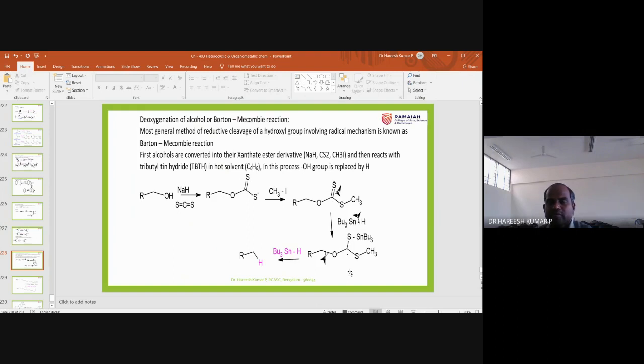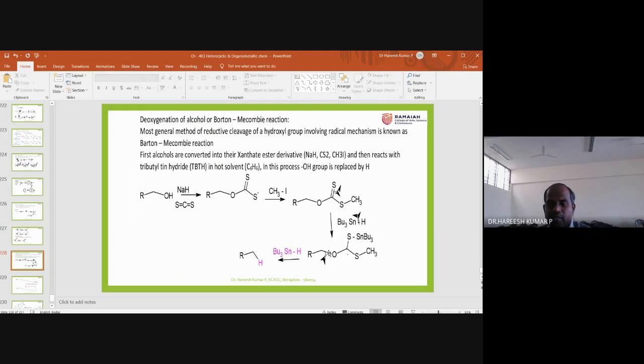Then what will happen? A radical is formed here, because when this bond pair breaks, one radical forms, and this radical forms a bond with a tin. So there is an intermediate like this.